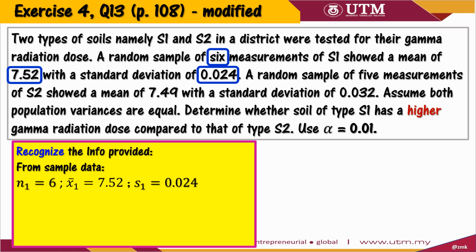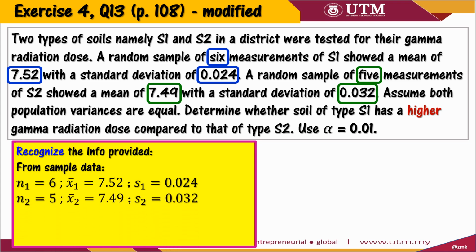Similarly, we have the sample information from the second type, such as the sample size, the sample mean, and the sample standard deviation from the second sample. So again, we can write this information as follows. n2 is 5, x bar 2 is 7.49, and s2 is 0.032.